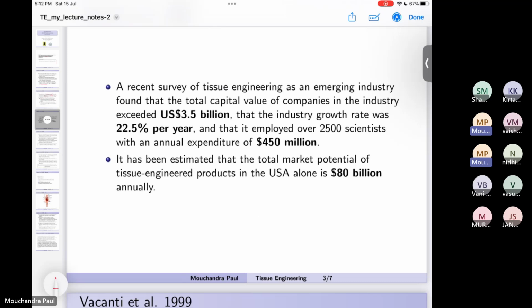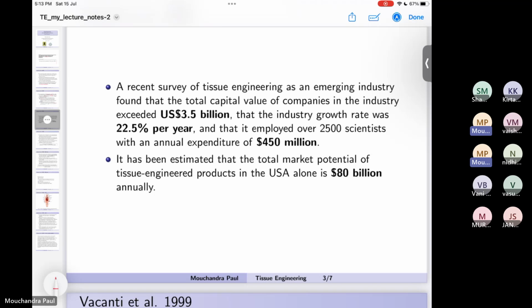Now, a recent survey of tissue engineering, I'm talking about during the 1990s. Okay, so this is not data of now. I've already shown you the data of now, I think, how the tissue engineering market is growing, but this is data given from the 1990s. So according to the paper, during the 1990s, tissue engineering was an emerging industry.